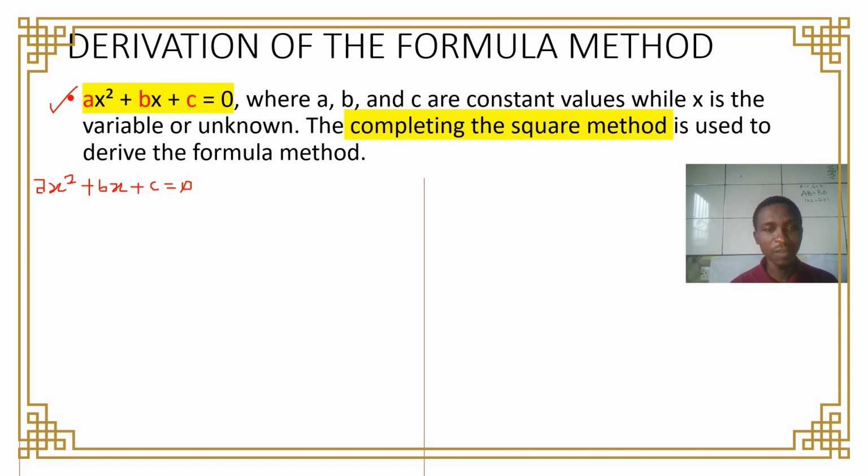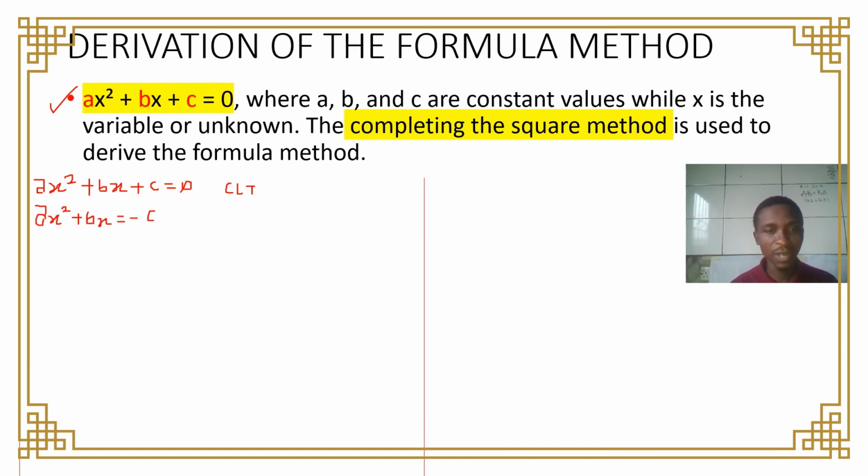Now the next thing we have to do here is to collect like terms, and in doing that we shall be taking c to the right hand side because it's the only constant value without any variable or unknown in the quadratic expression. So we have ax squared plus bx equal to minus c.